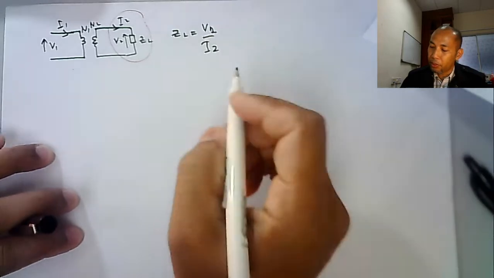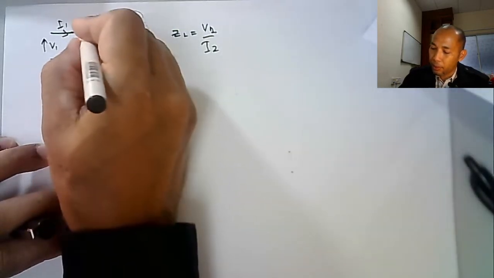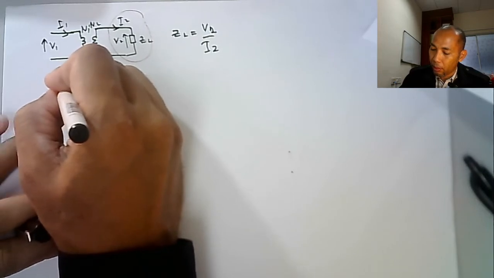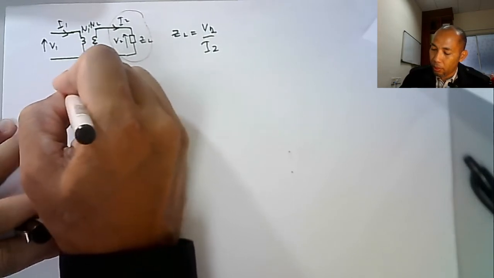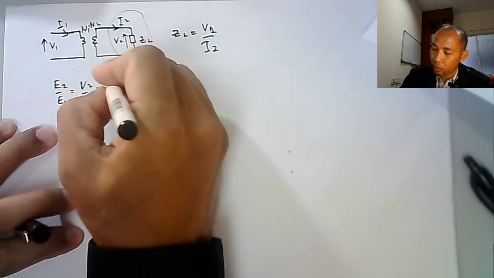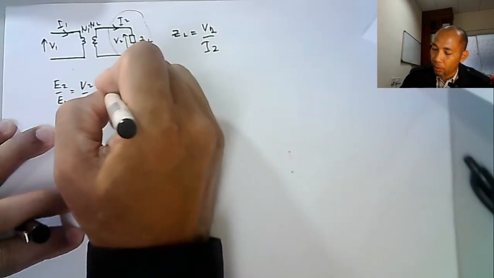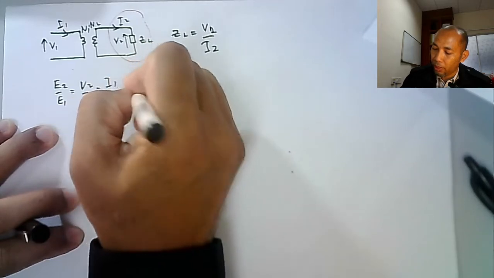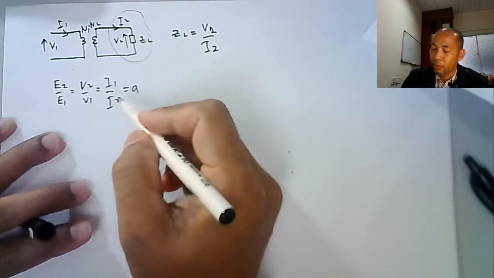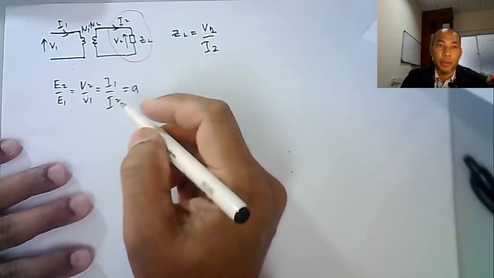We know that the transformation ratio is E2 over E1, V2 over V1, equal to I1 over I2, equal to A. This is the transformer ratio that we learned in the previous video.